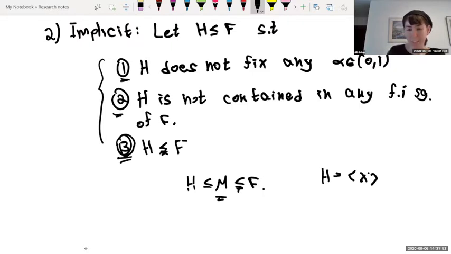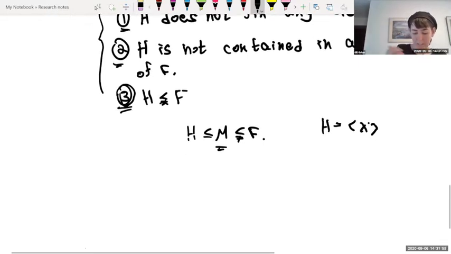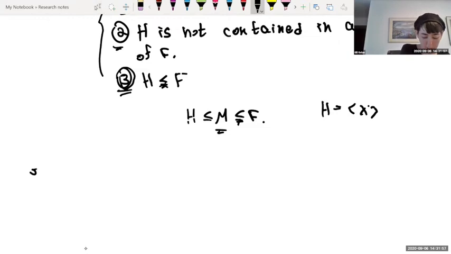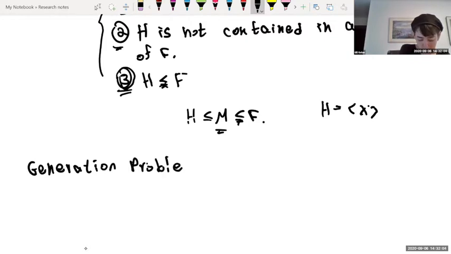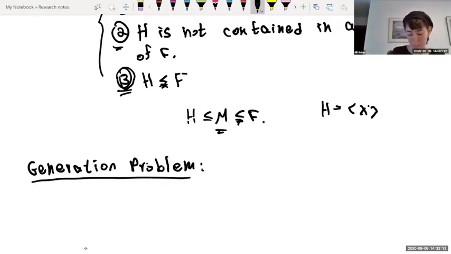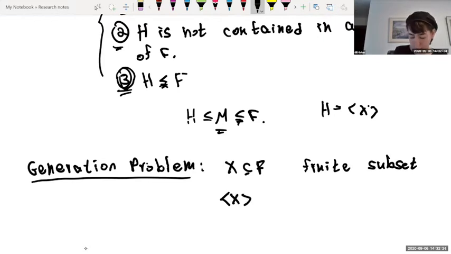Okay, so that brought us to the problem, sometimes known as the generation problem. So the generation problem for Thompson group F, or more generally for a finitely generated subgroup, is: if you take a finite subset X of elements, let's say in F, we want there to be an algorithm that determines whether the group generated by X is the entire group F, okay?